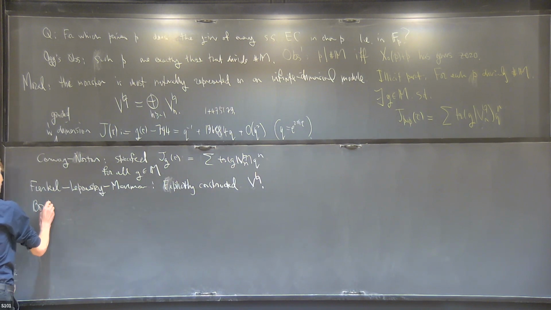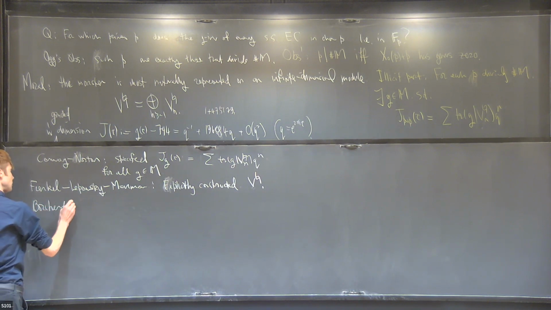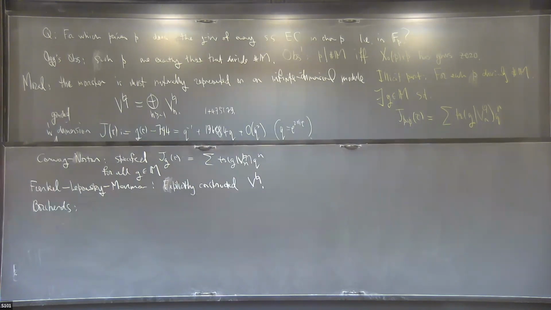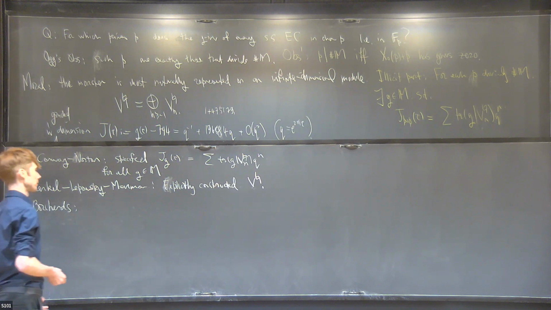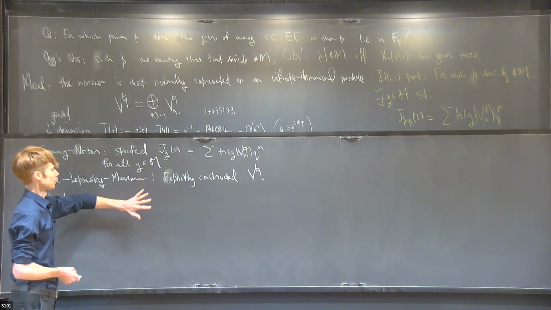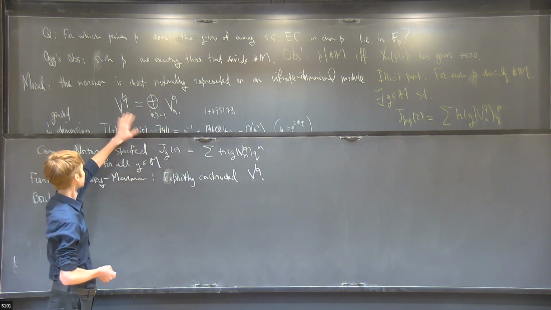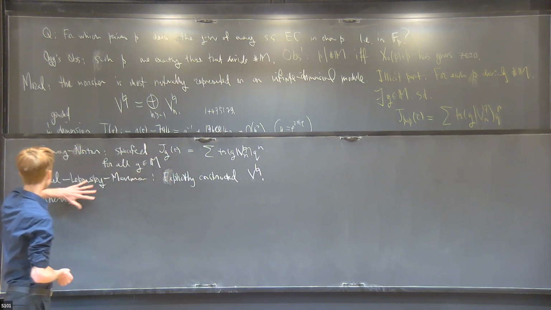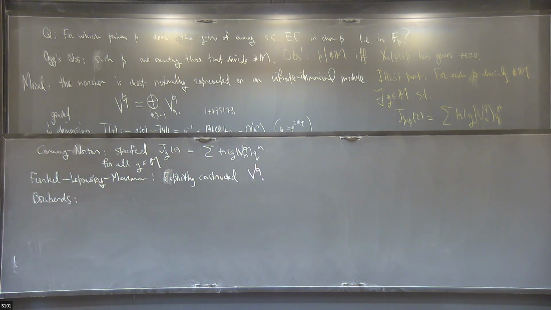So Borcherds came up with a stunning and beautiful marriage of algebra and number theory that reduced the otherwise impossible task of comparing Conway and Norton with Frenkel, Lepowsky, Meurman to an easy finite check.